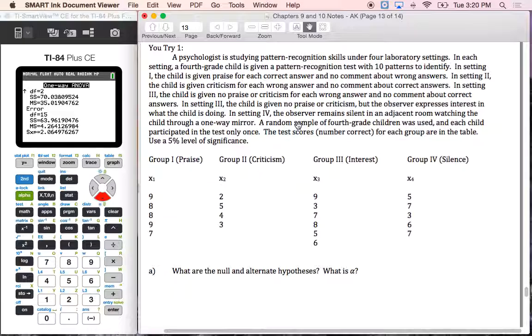So again, I want you to go through this on your own. You're going to now have 4 groups, so you're using L1, L2, L3, L4. So pause the video, type things in, at least fill out everything, and if you need help, we can do the backside together.